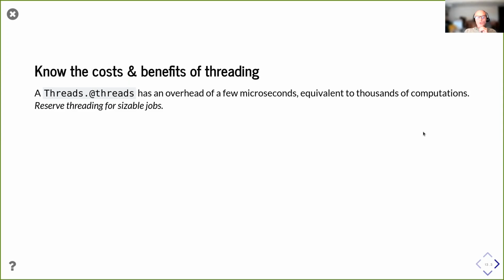So you would not want to use this for fairly trivial computations. You should reserve the use of parallelism in general, even multi-threading, which is one of the fastest forms of it, for sizable jobs where there's a lot of computation that needs to be done, and an overhead of a few microseconds is going to be washed out by the overall running time of the code.